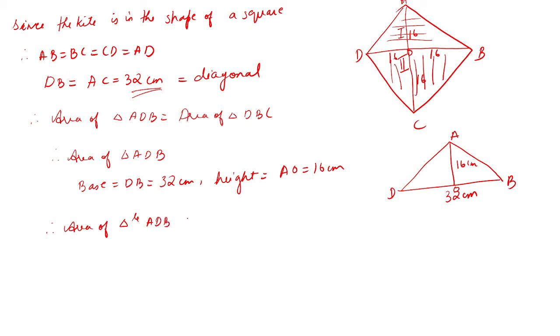Therefore, area of triangle ADB is going to be equal to half into base. Remember, I can use this formula because I know the height of the triangle. Clear? So half into 32 centimeter into 16 centimeter.